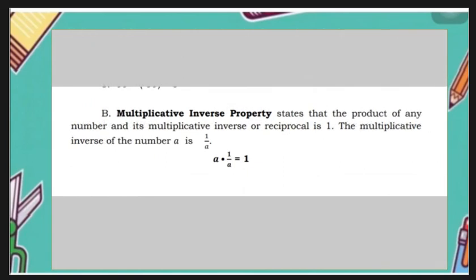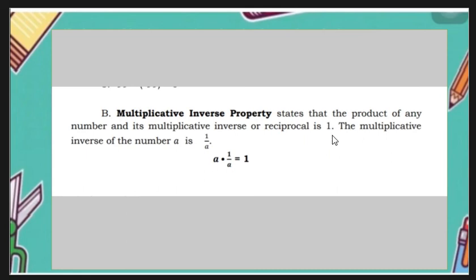Next, we also have the multiplicative inverse property. It states that the product of any number and its multiplicative inverse or reciprocal is 1. Take note, its multiplicative inverse or reciprocal.